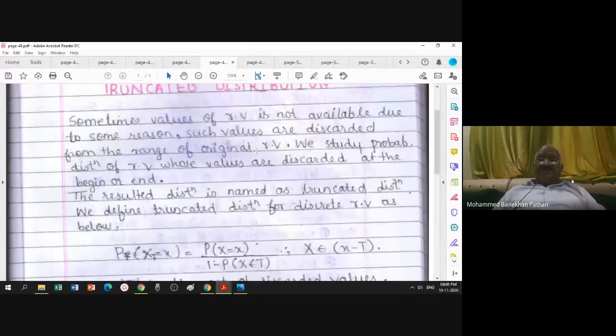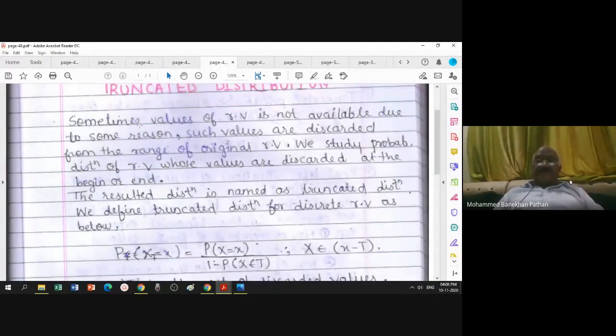See the introduction for truncated distribution. Sometimes values of a random variable are not available due to some reason. Such values are discarded from the range of the original random variable.